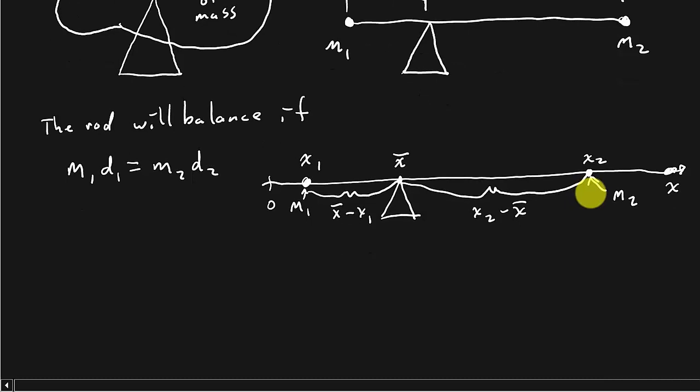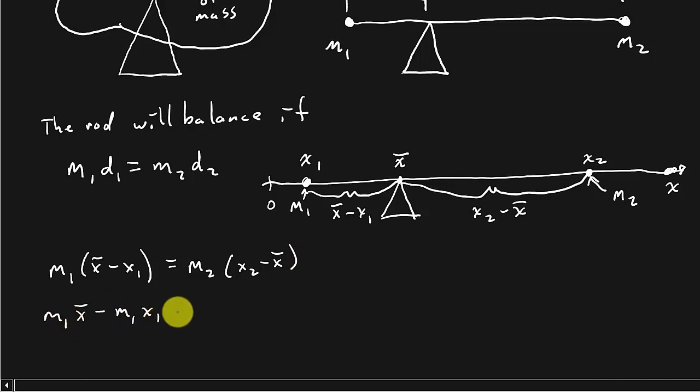So that gives us m1 times x bar minus x1, the mass at this point times its distance from the fulcrum, equals m2, the mass at x2, times the distance from the fulcrum, which is x2 minus x bar. If we distribute, we get m1 x bar minus m1 x1 equals m2 x2 minus m2 x bar.